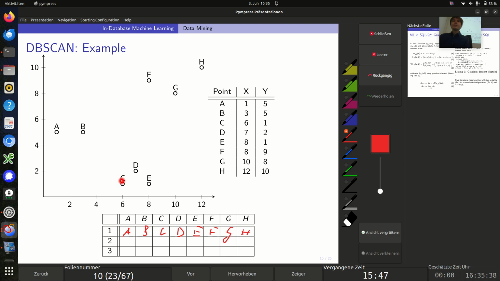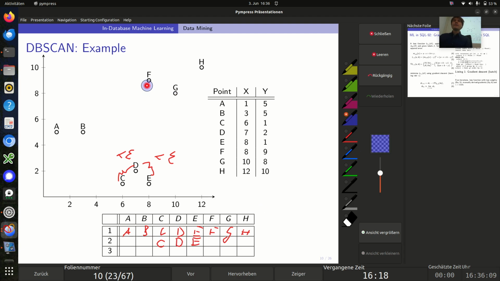We measure whether the distance is less than epsilon, so we should have specified an epsilon. If this is the case, in the next step we merge those clusters. So we say, okay, C, D, E forms one cluster of its own, containing those 3 points.